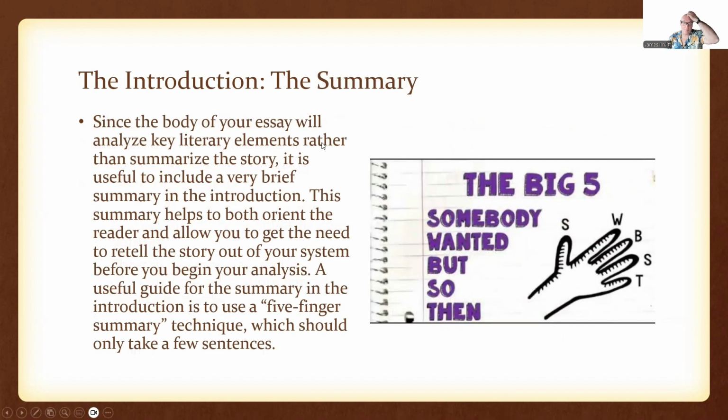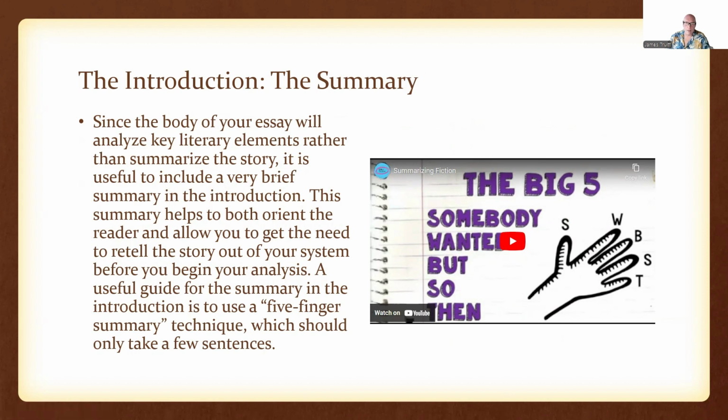Okay, so that is how to go about offering the hook and introducing the work, making sure the reader knows what work you're studying. The next step in the introduction is the summary. Since the body is going to analyze the key literary elements, you're going to dig in and look at details and try to pick it apart.